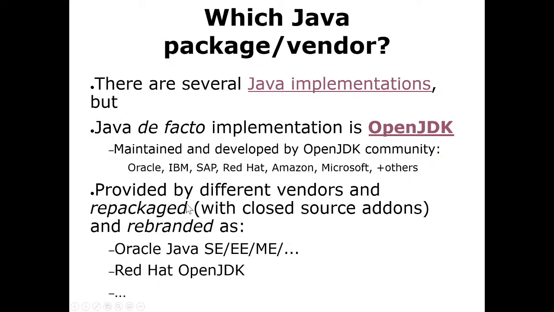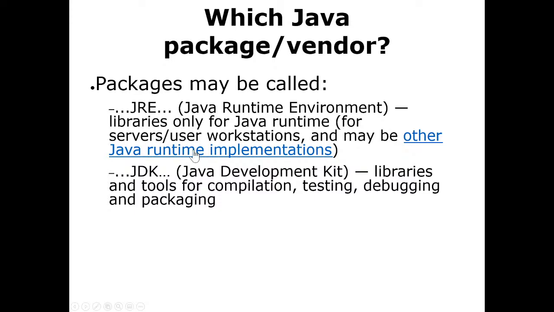The Java development kit is based on code written by different vendors, like Oracle and Red Hat, but it's all gathered in OpenJDK. Just for knowledge, it's not really important. Yes, there are two kinds of packages: the Java runtime environment, libraries for Java runtime, and the Java development kit, libraries and tools for compilation, testing, and debugging.